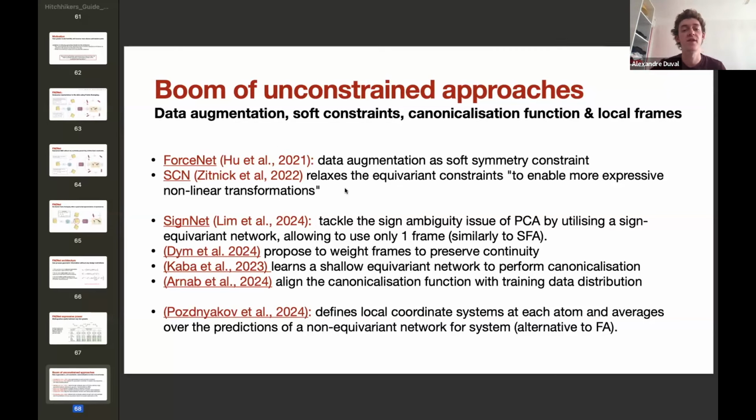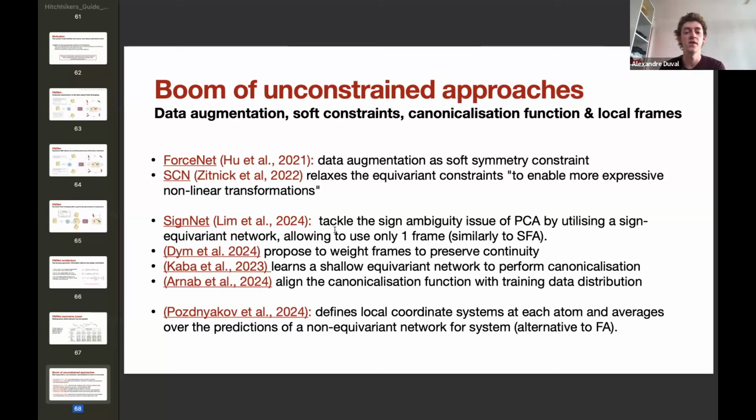Then you have methods that start from an equivariant architecture and relax a bit the constraints that are imposed, to keep track of this accounting of the features. And they claim that it enables more expressive nonlinear transformations in your message passing. And then you have approaches which are a bit similar to FAENet, that try to create this canonical representation of every input data.